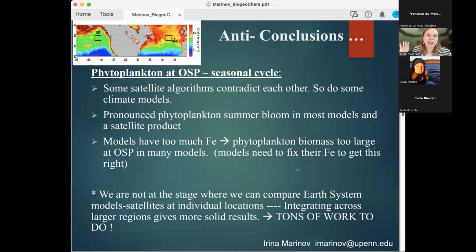I don't think we're at the stage where we can assimilate biomass and phytoplankton size groups and so forth in fisheries models, because we have no idea what those products mean. There are 10 different satellite products, and each of them tells us a very different story. And then in the models, we have big issues, I think, with iron specifically.